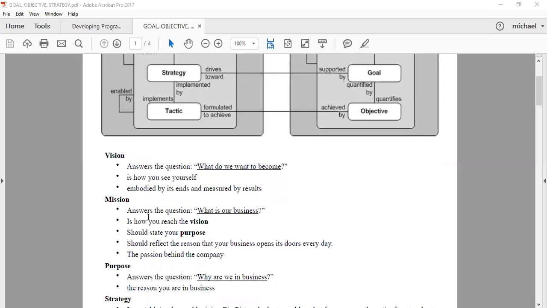Mentoring, soft skills, life skills. So a mission could be to provide the training that leads to a productive life.